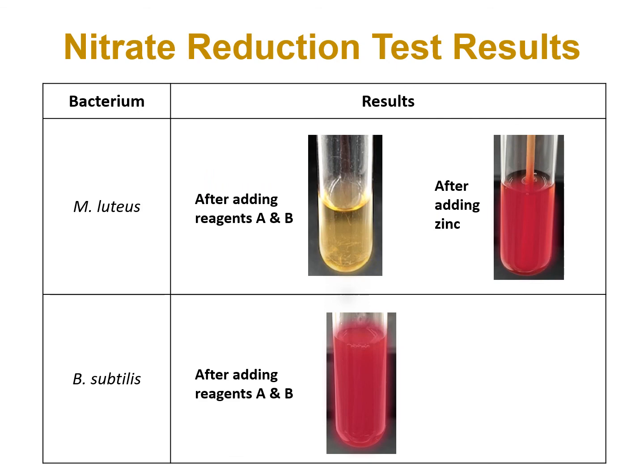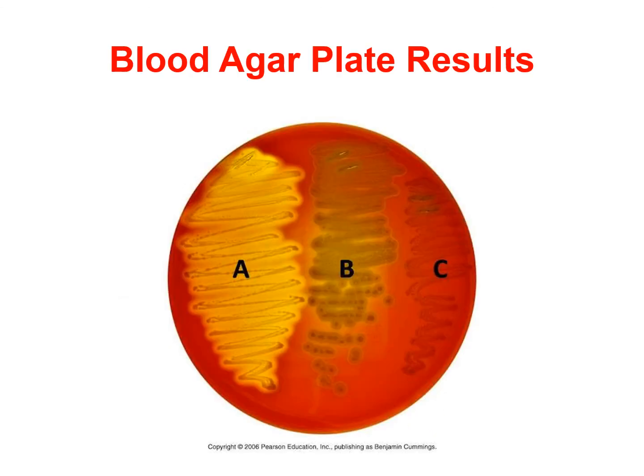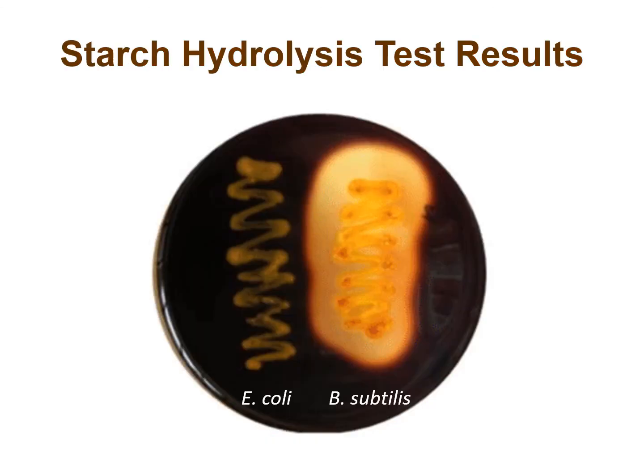So you have some nitrate reduction test results to interpret, as well as litmus, and you also have some results for the MSA, the mannitol salt agar plate, and some results for the blood agar plates to interpret as well. And we also have some starch hydrolysis test results to interpret as well.